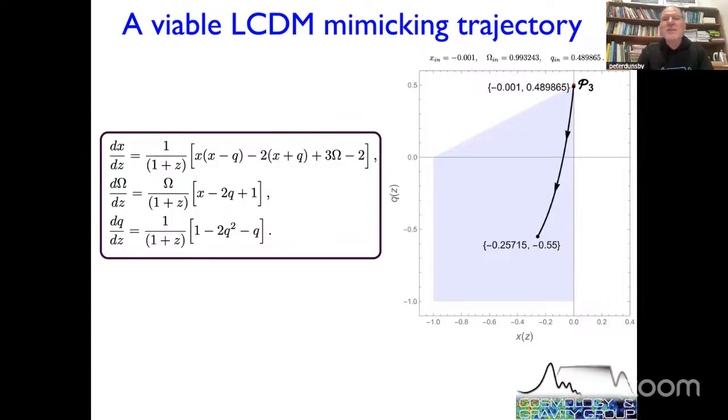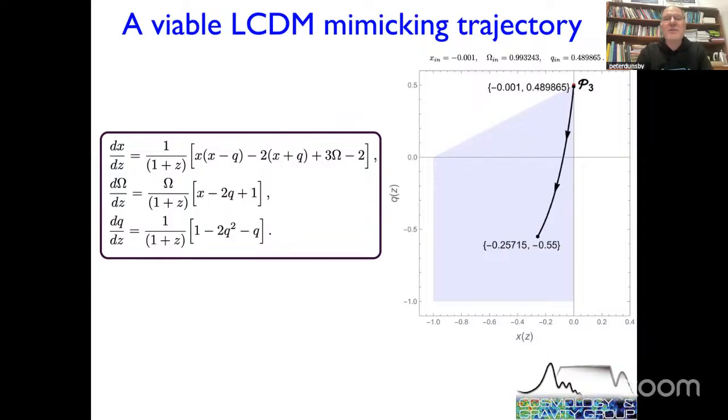And we can do this by solving the equations for omega and q in such a way that they match up exactly with what you would expect for lambda CDM. Remember, we've chosen our background expansion history to be lambda CDM, so q at our initial starting point in phase space should equal exactly the value of q that you get for that starting redshift as you would get in lambda CDM.